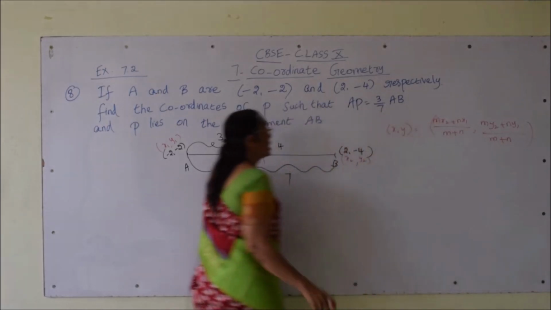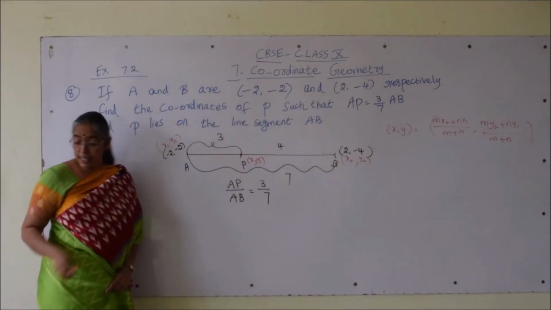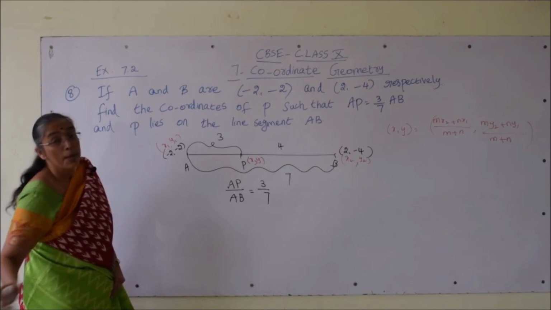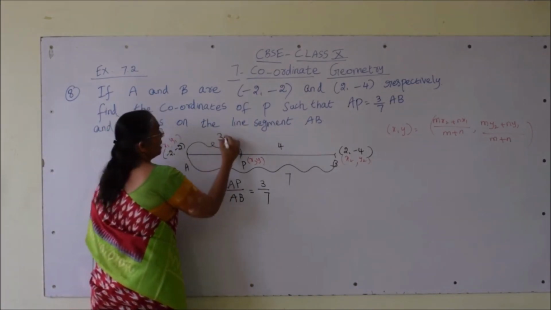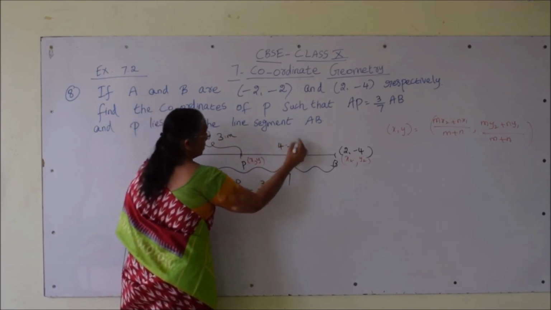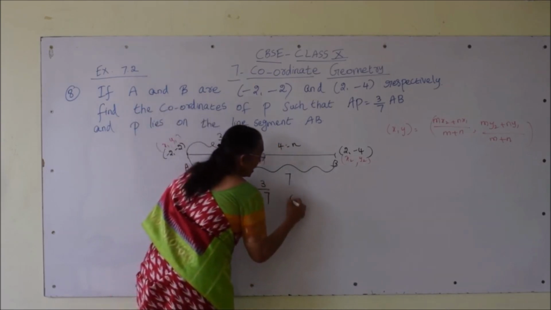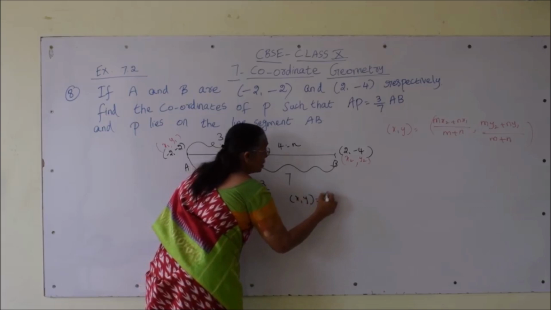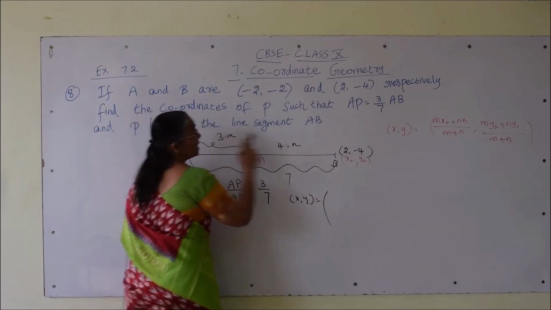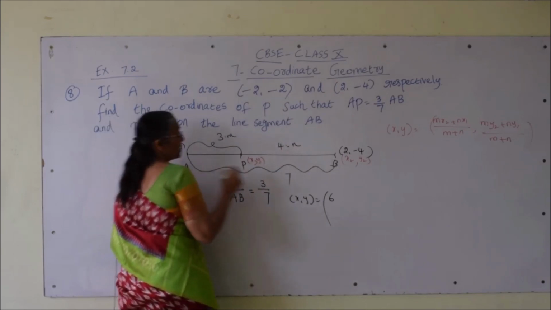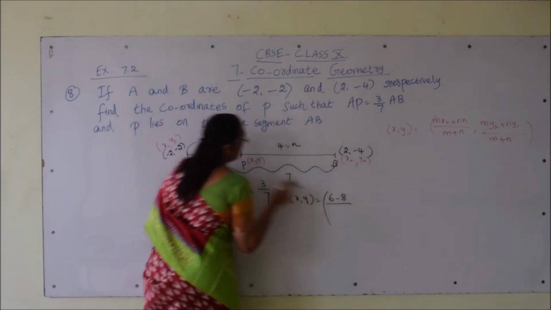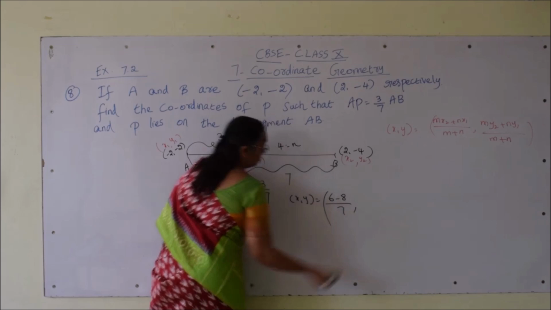So, using the section formula, we can find the point P. This is m, this is n. So, P point (x, y) is nothing but mx2, 3 into 2, 6, plus nx1, 4 into -2, -8, divided by m + n which is 7.